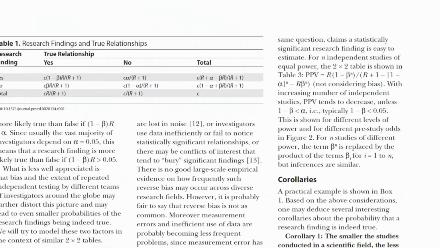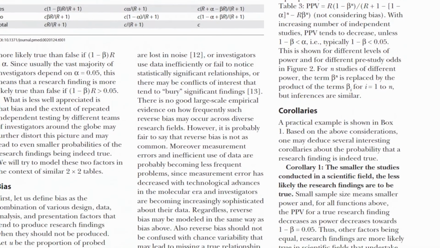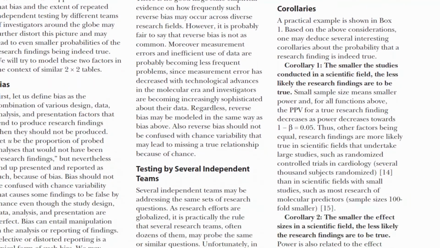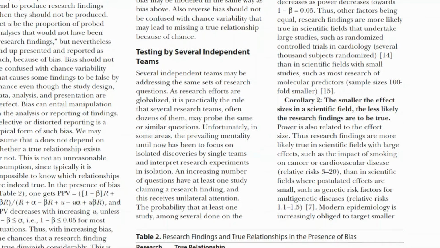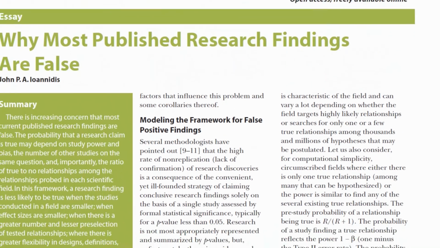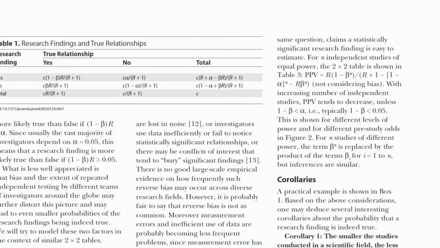But he says the problem is that those studies usually tend to be interpreted in a disjunctive fashion, in the sense that you have many different studies studying the same thing, and many of them find a false relationship, but people tend to value those that find a true relationship, and that's a problem. And then he just shows that as you increase the number of different studies studying the same thing, the PPV goes down.